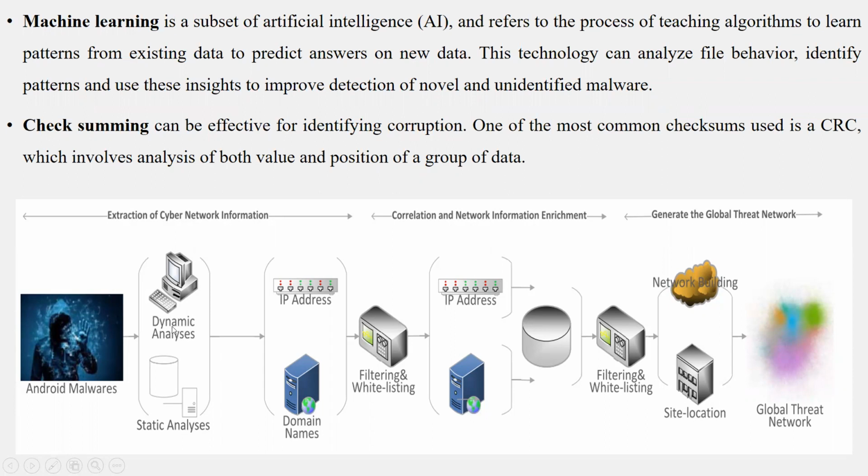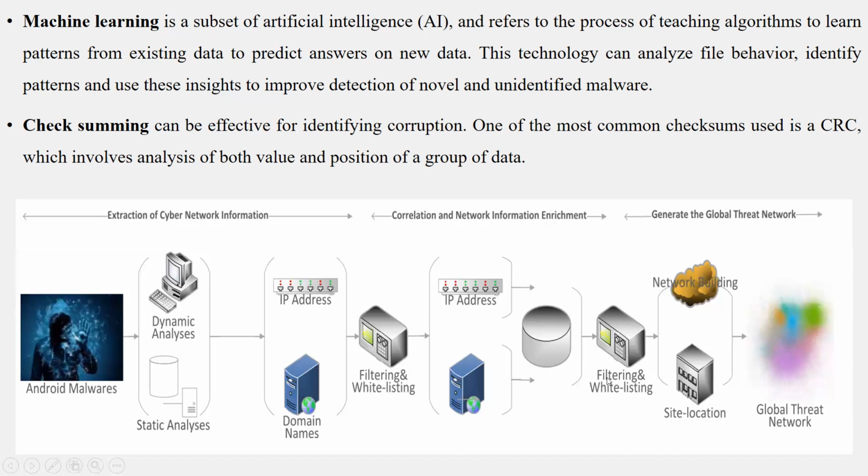This picture shows the detection. Here, by using dynamic and static analysis, we are going to run. In static analysis, we'll be inspecting the code inside for IP addresses and domain names. After this, it will be filtered and whitelisted according to the code and will be sent to the server.